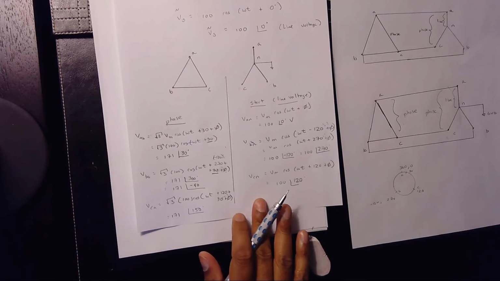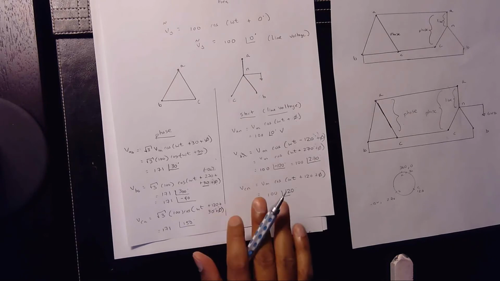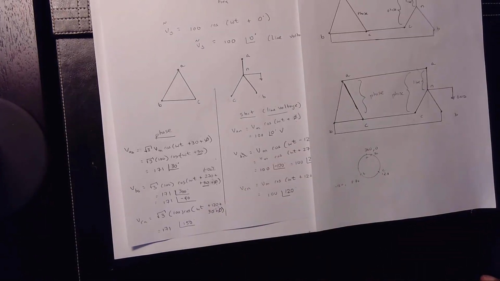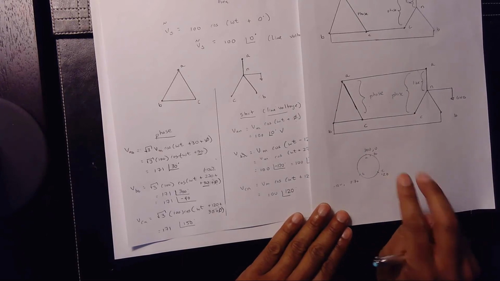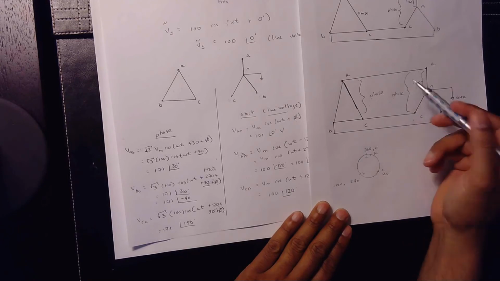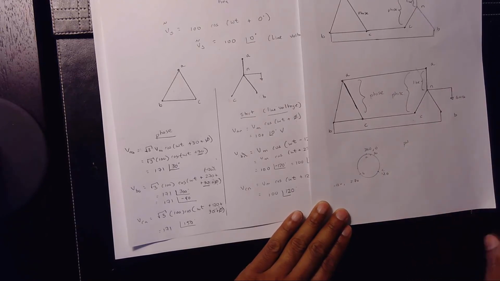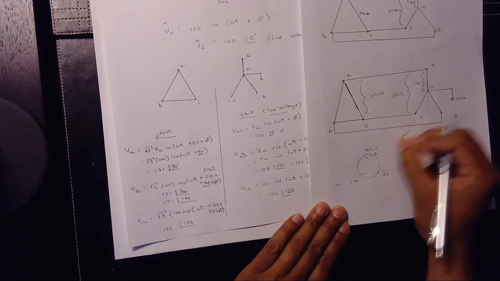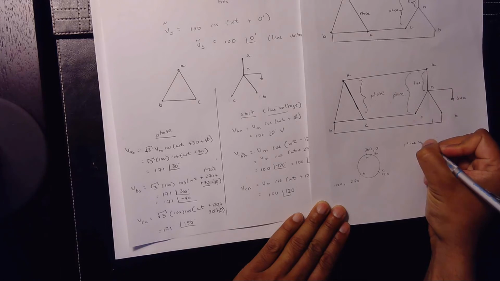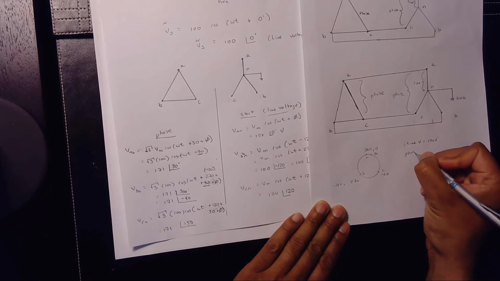Now the question is, does this make any sense? It does make perfect sense, and let me show you why. In your house, you're coming in at 208, 120. Your 208 is your phase. If my line voltage is 120 volts, what's my phase voltage?